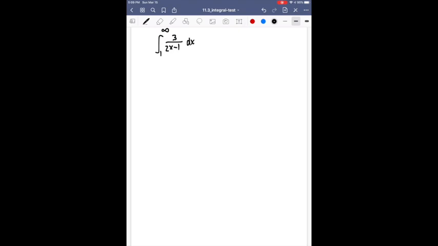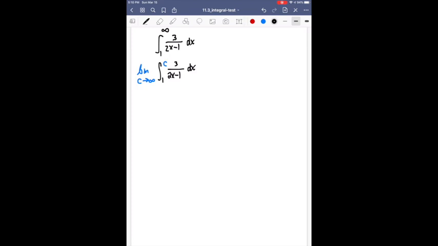The first thing we do for improper integrals is introduce a limit. So we'll take the limit as c goes to infinity of the integral between 1 and c of 3 over 2x minus 1. And now that we've introduced this limit, we can go ahead and compute the antiderivative.